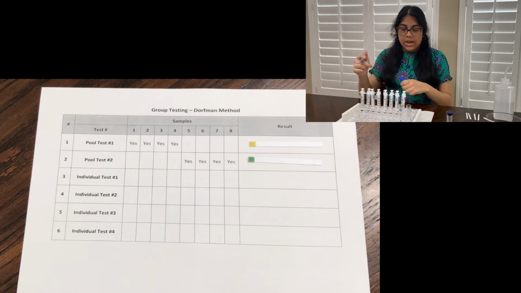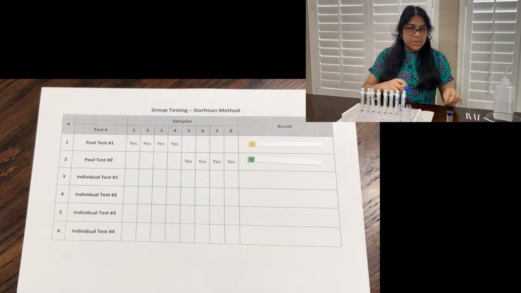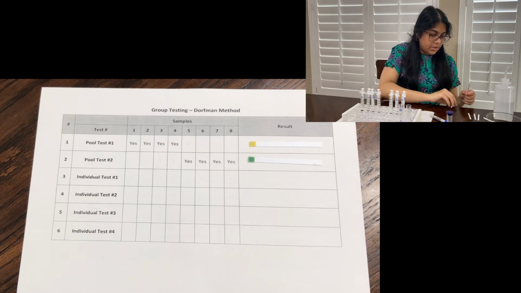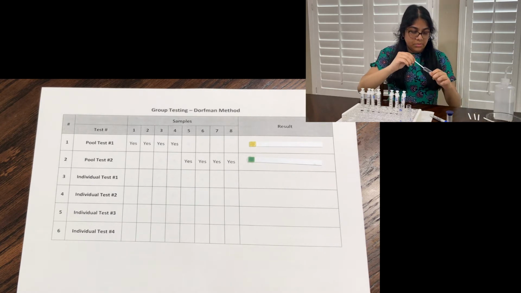So what I'm going to do now is I have 4 test strips here, and I'm going to be testing test tubes 5, 6, 7, and 8 individually, and then we're going to see the results.